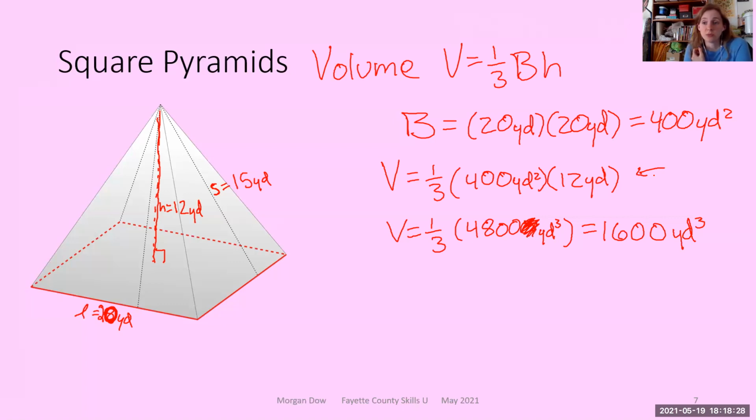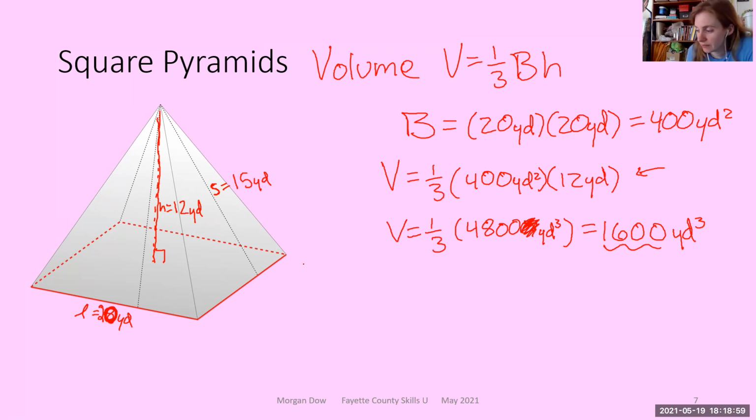So a third times 12, that's a third of 12. 12 divided by 3, which is 4. So what would 400 times 4 be? 400 times 4 would be 1,600. So we get the same answer. You can do it in whichever order is convenient to you, whichever order makes the calculations simplest for you. Okay, so that is the volume of this square pyramid.